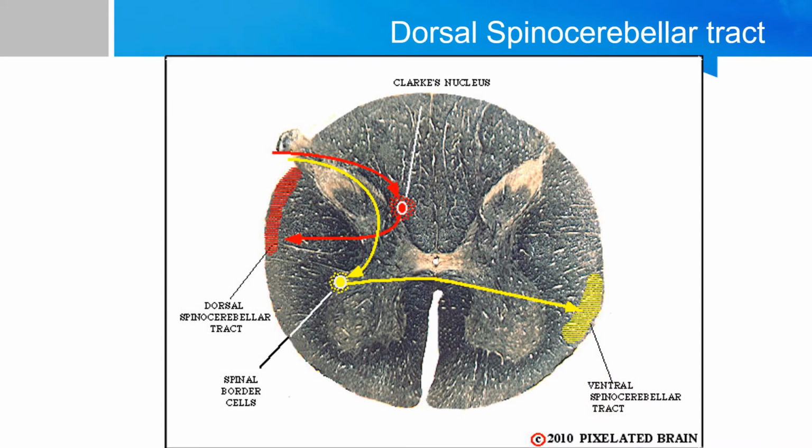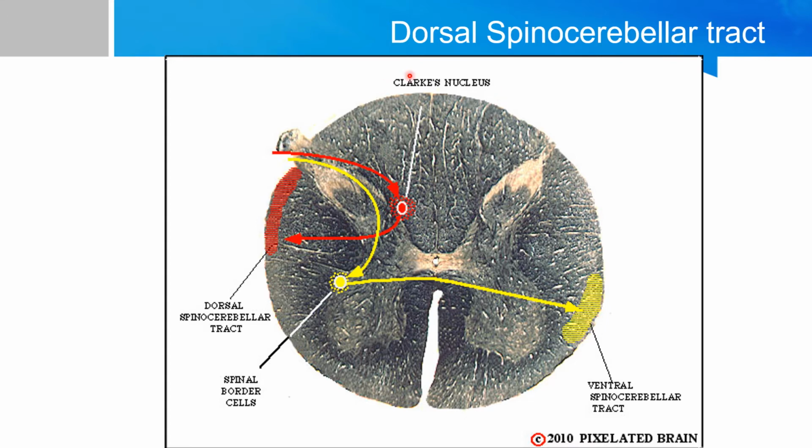The pathway that the dorsal spinocerebellar tract travels is as follows. The proprioceptive information goes to the dorsal root ganglia and enters the dorsal horn of the spinal cord, and then travels to the Clark's nucleus in lamina 7 of the intermediate zone in the spinal cord.